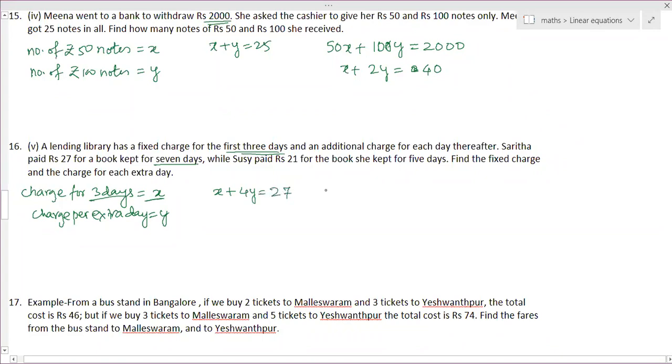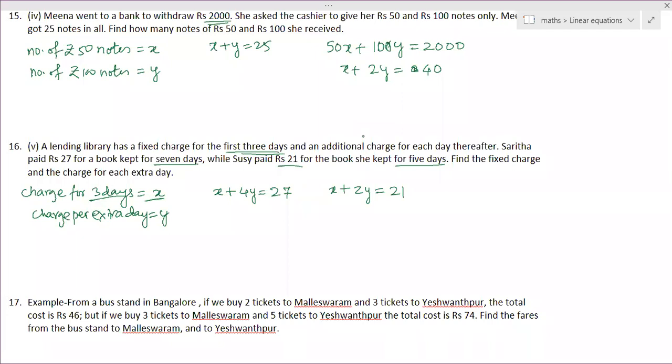And then x plus 3y is equal to 21, and for 5 days, x plus 2y is 21. So you have to calculate after this.